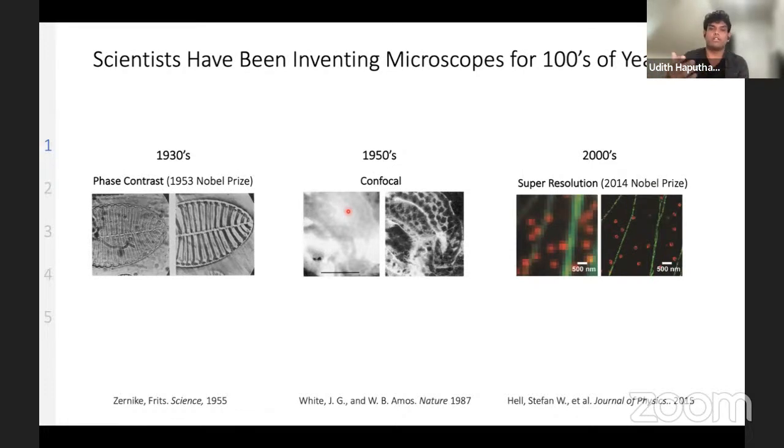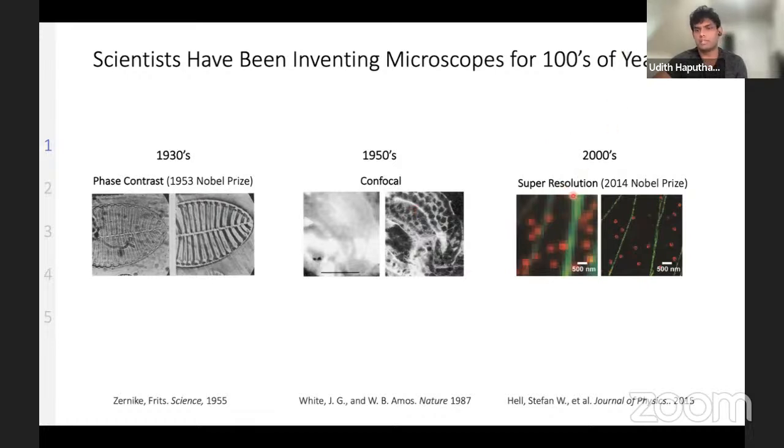If I do wide field, we get a lot of scattering, a lot of out of focus light coming from other planes of the thick sample. But with confocal microscopy, we get this sharp, nice looking image, which is exactly the middle plane of the thick sample.